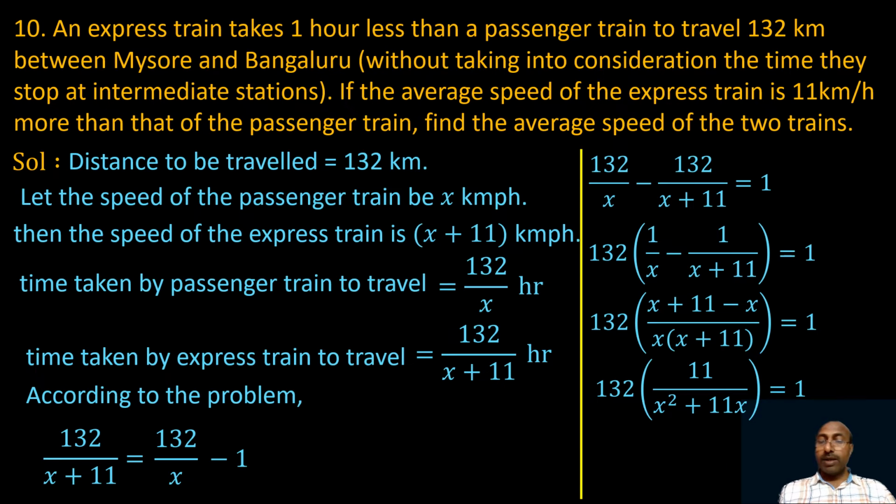So x square plus 11x equal to 132 into 11, which is equal to 1452. So the quadratic equation is x square plus 11x minus 1452 equal to 0. So now we got the quadratic equation which can be solved. From this equation we can find the speeds of both trains.